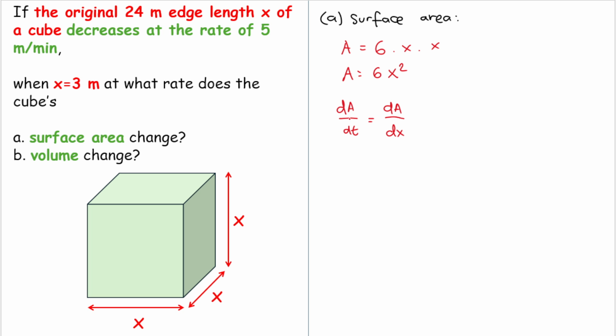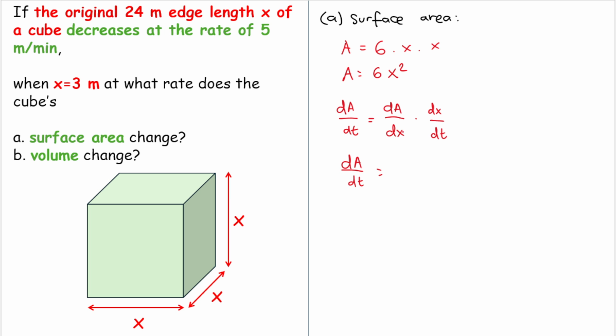But we need to make it over dt, so I multiply this by dx over dt. In this way, this dx will cancel out and we get dA over dt.